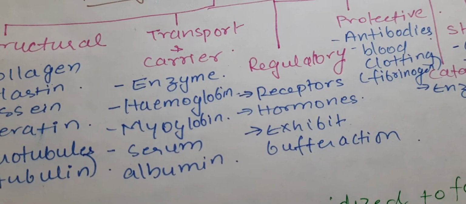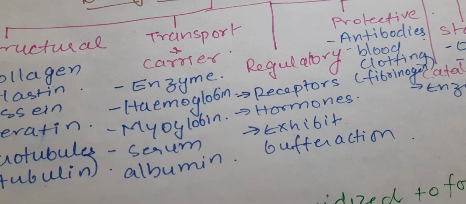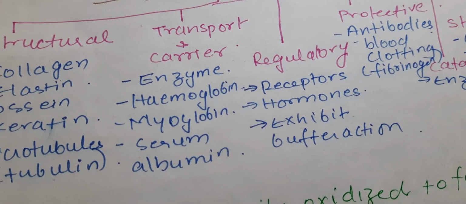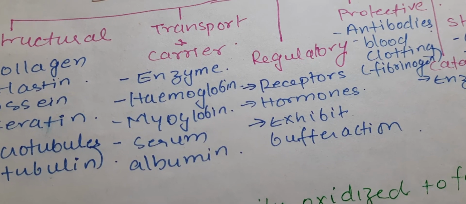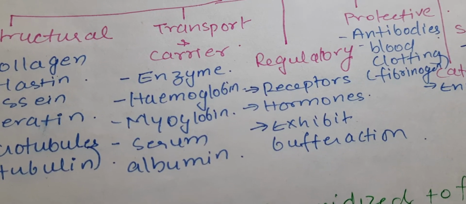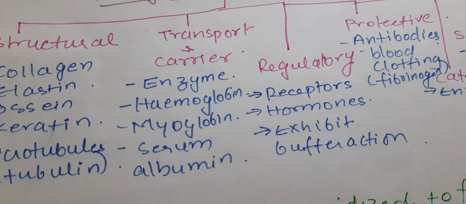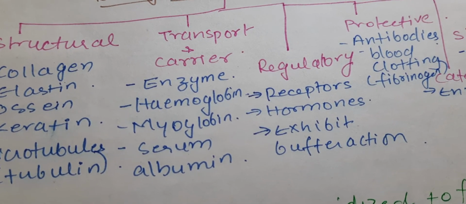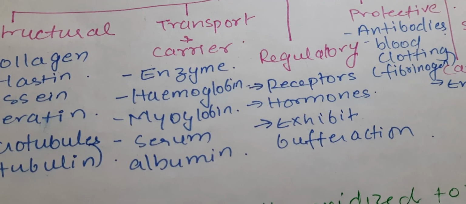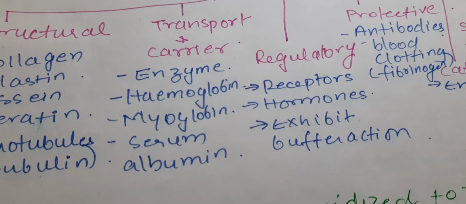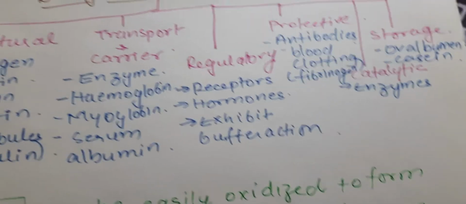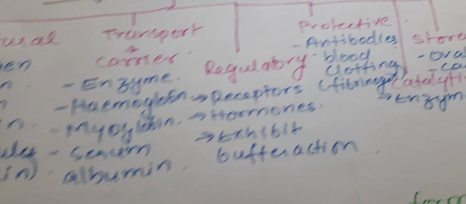Then they also play a role in transport and carrier, as you have studied in the cell and the muscular system. Hemoglobin, in the circulatory system, transports the oxygen. Myoglobin transports the oxygen in muscles. Serum albumin, all these act as transport and carrier.